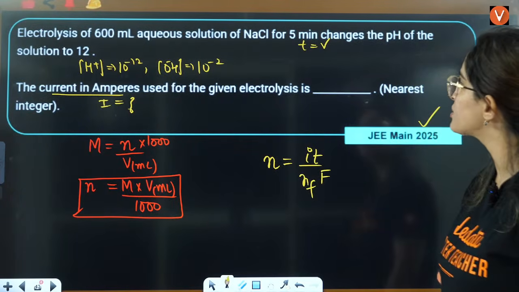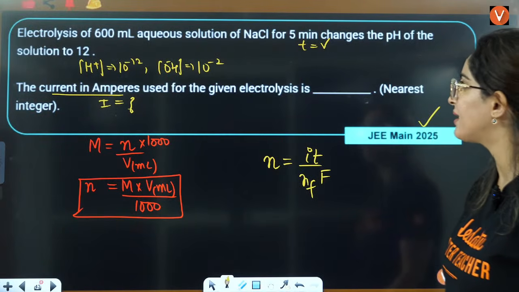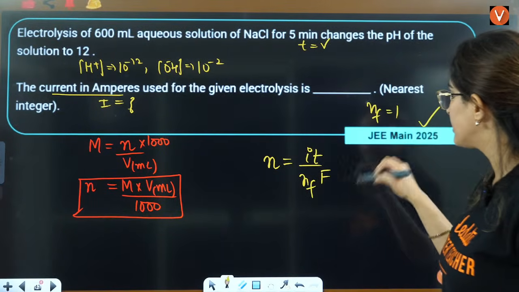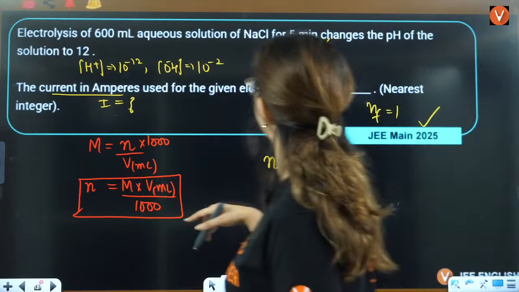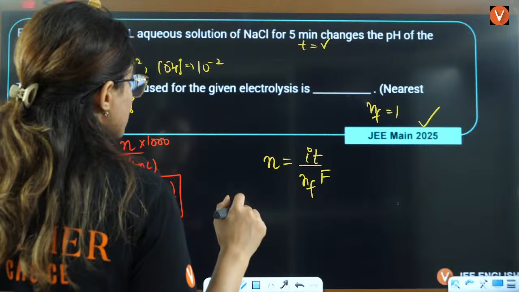N factor you must know, right? If you talk about NaCl, 1 electron will be there, so N factor is going to be 1 here. The pH is changing from this to this for the given electrolysis.